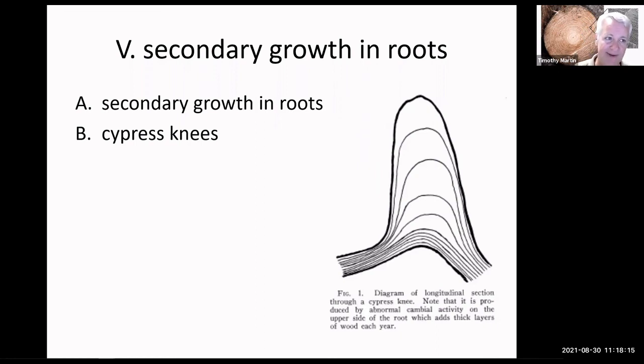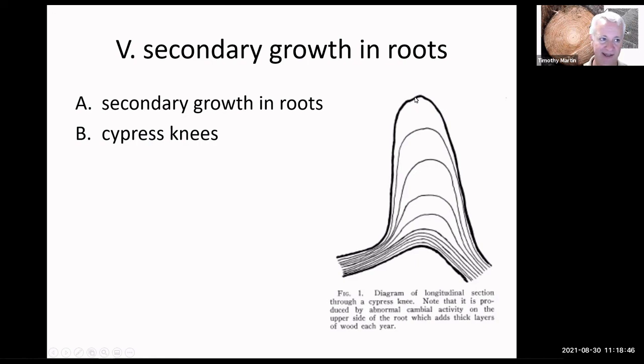But a point that I wanted to make is that cypress knees, those vertical growths around inundated cypress trees coming out of the ground, are a form of aerial roots. They look like they would be formed by an apical meristem, but they're not. Cypress knees are formed by the exaggerated action of the vascular cambium. This is a diagram that shows the formation of a cypress knee.